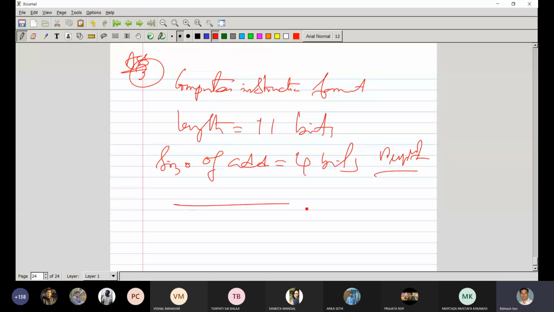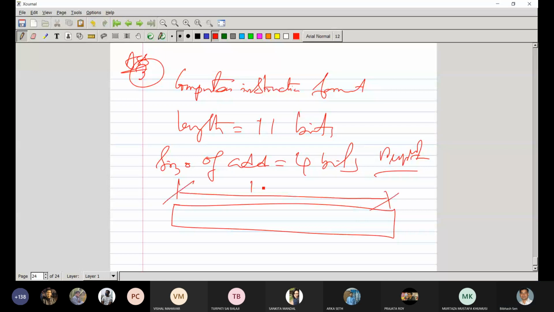Okay. Now see, total instruction length is what? 11 bit. Am I clear? Address field I have given 4 bits. Address field of 4 bits means the operand address. The address field is for the operand address, as well as the opcode also specifies some.